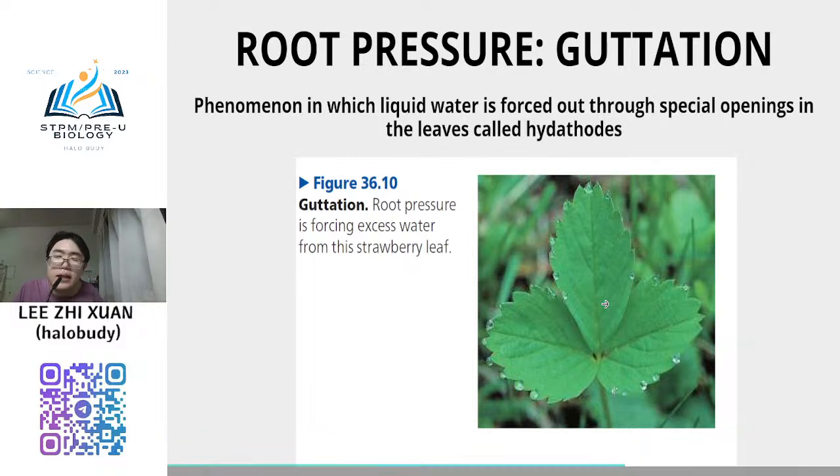But at 10 a.m. or 11 a.m. you will never see it. Early in the morning means like 7 a.m. or 6:30, when the sun has just risen, and then you can see this kind of phenomenon. This phenomenon is due to the root pressure.